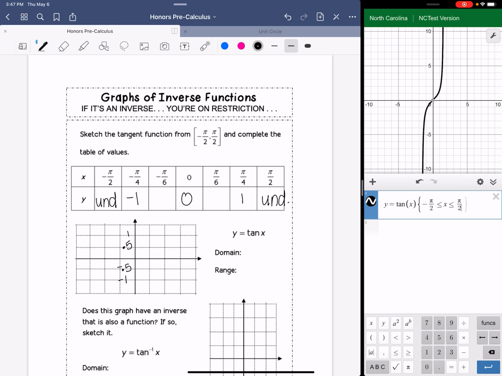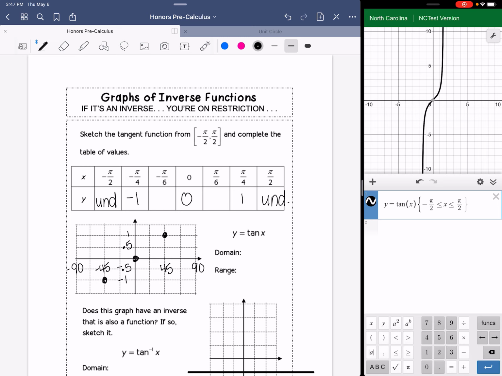And then we're just going to go between, so we have negative 90 and negative 45, and then 45 and 90 on this side. All right, so we had 0, 0 initially, and then we knew they were undefined at 90 and negative 90, okay? And then at 45, it was positive 1 and negative 1.